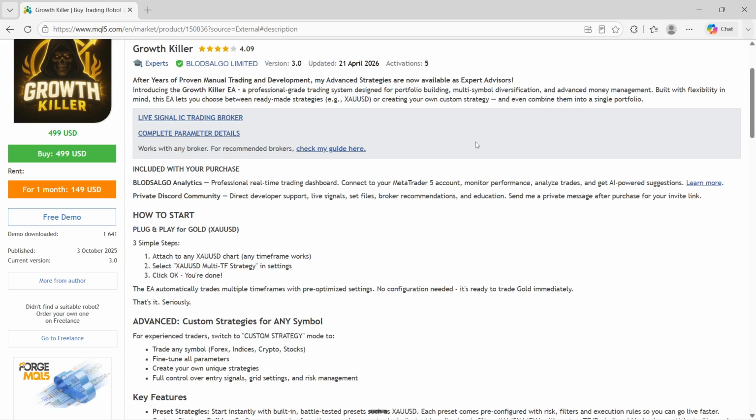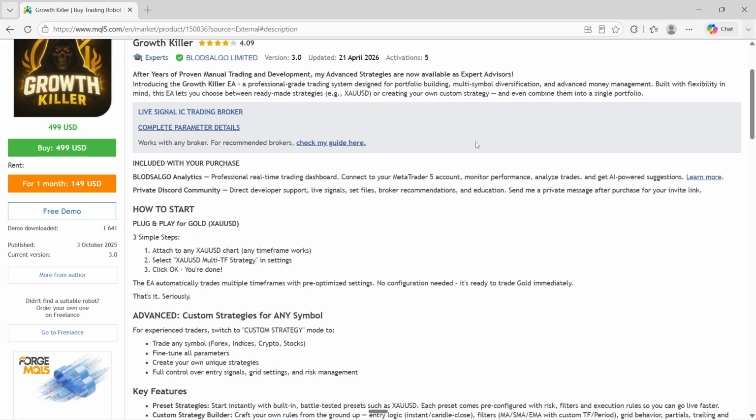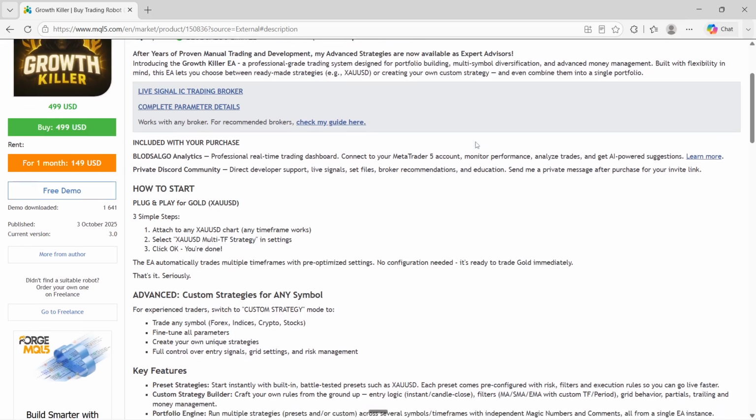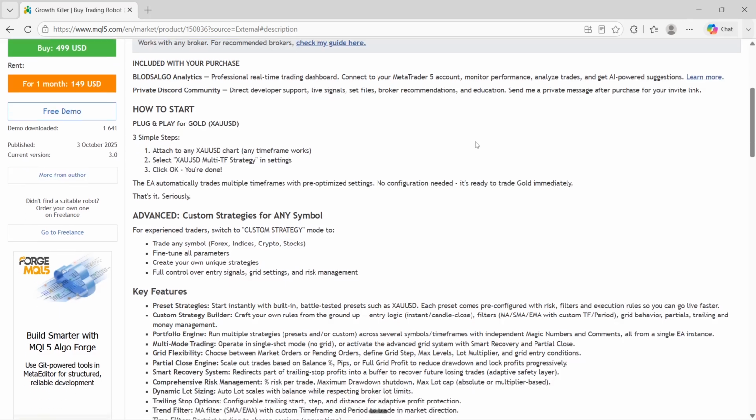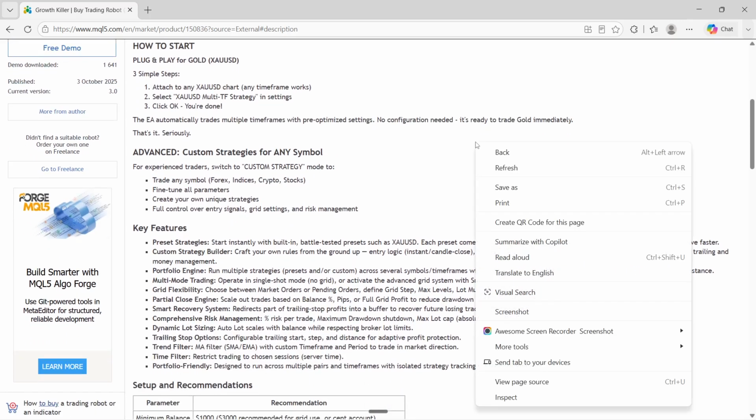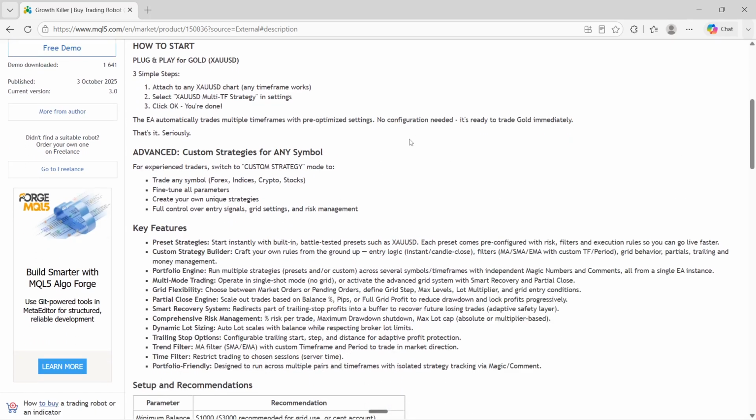Confirm the EA produces trades on demo and only then consider any recovery features with strict caps, as past results never guarantee future performance. Alright, overall, if you prefer simple plug and play systems with no recovery options and cannot tolerate the possibility of deep floating drawdowns, the EA is probably not for you.